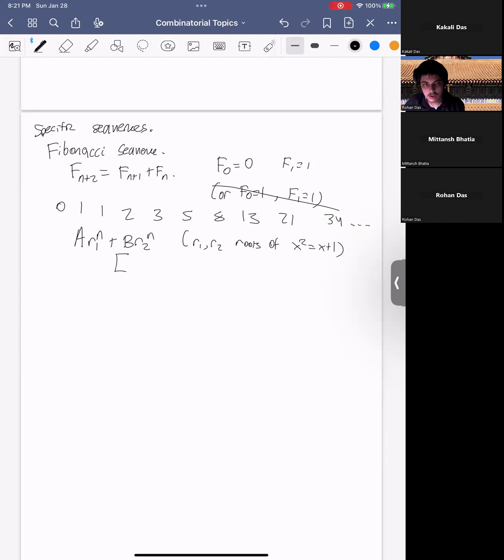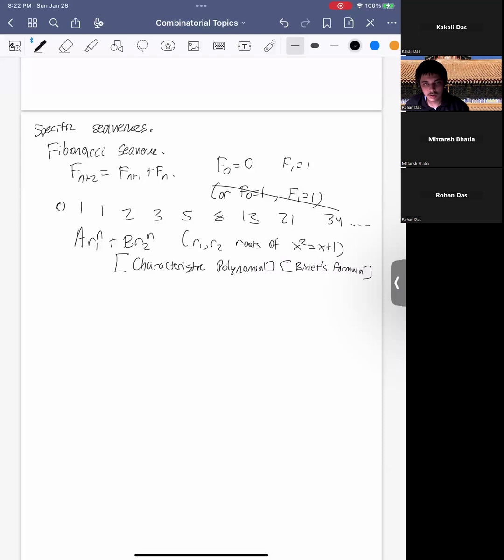This is not necessary for the talk and also a bit complicated, but if you're interested about this, I believe it is called characteristic polynomial, and the resulting closed form is called Binet's formula.